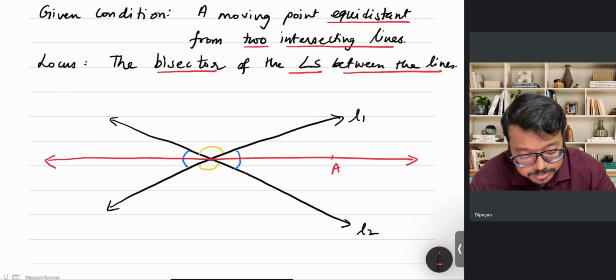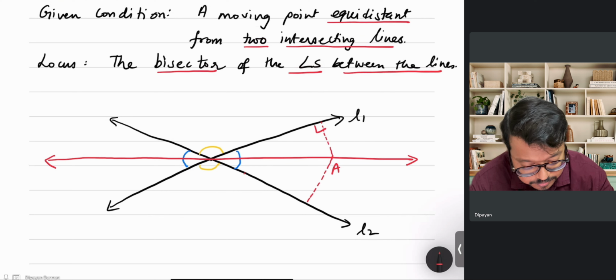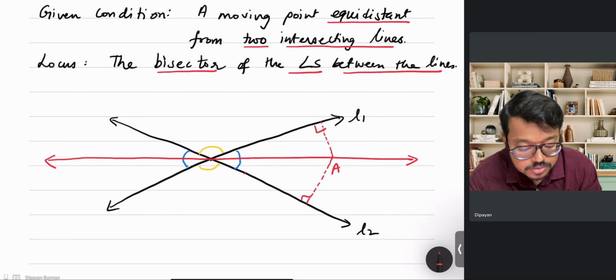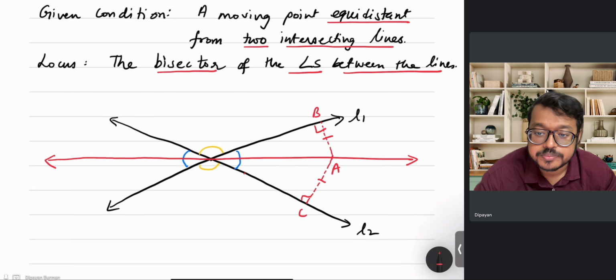So if I draw perpendiculars and label them B and C, AB will be equal to AC.